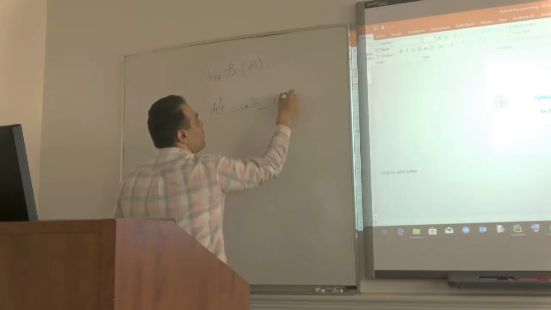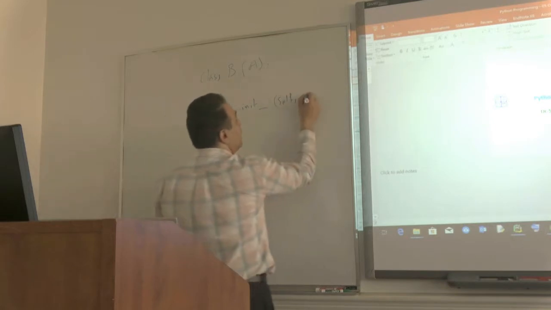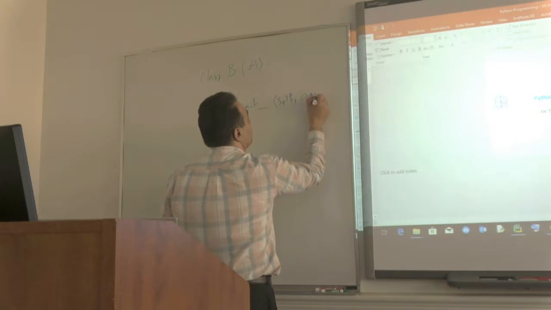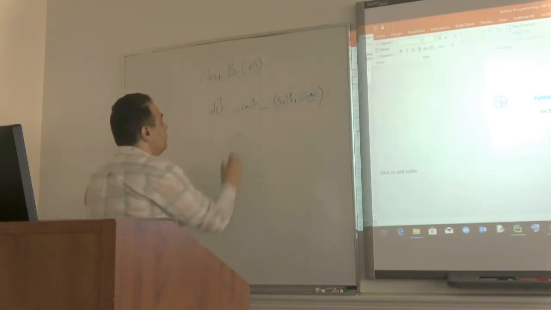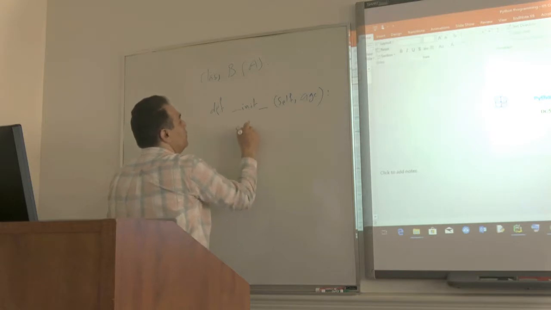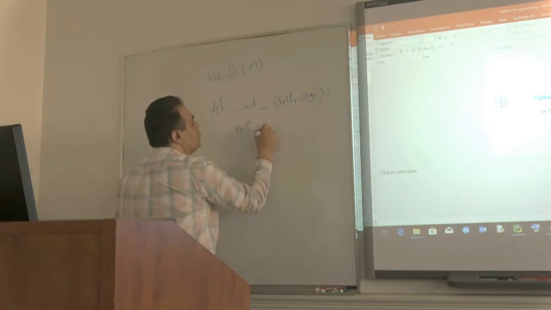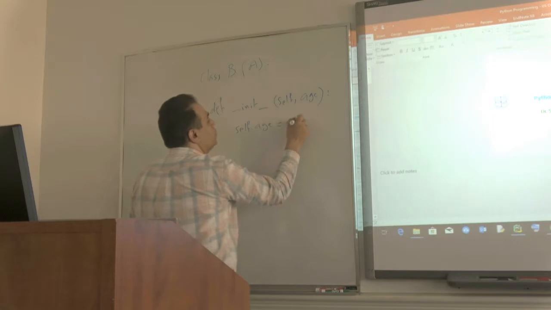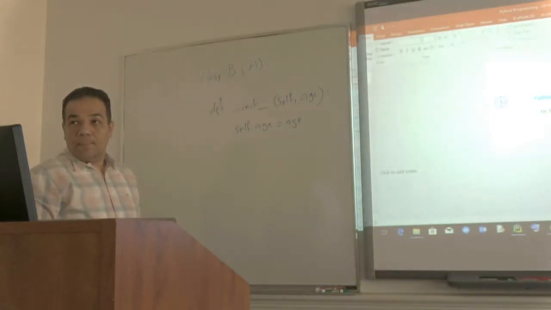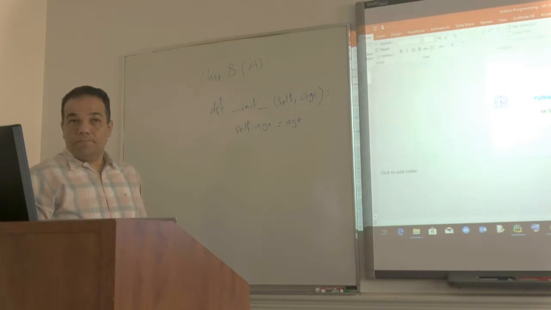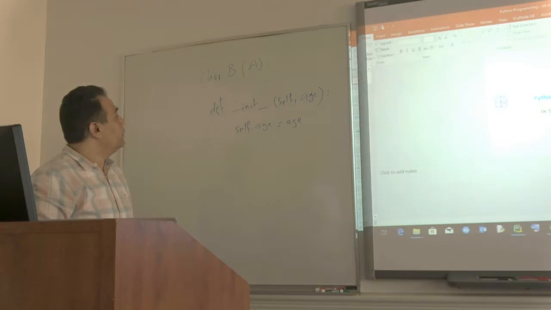Self, always I have to pass self. Okay, and age, for example. So I have self dot age equals age.